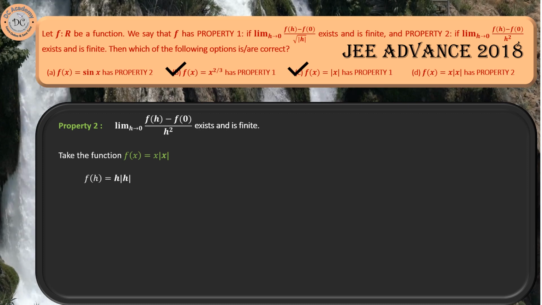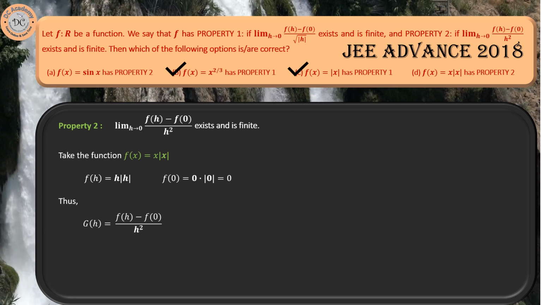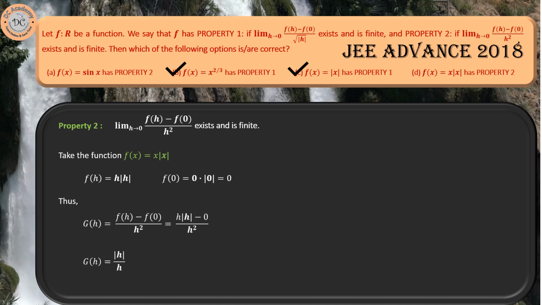So f(h) is h mod h and f(0) will definitely be 0. So if we consider the function g(h), it will be equal to f(h) by mod h square, which will be equal to mod h by h, because h gets cancelled.